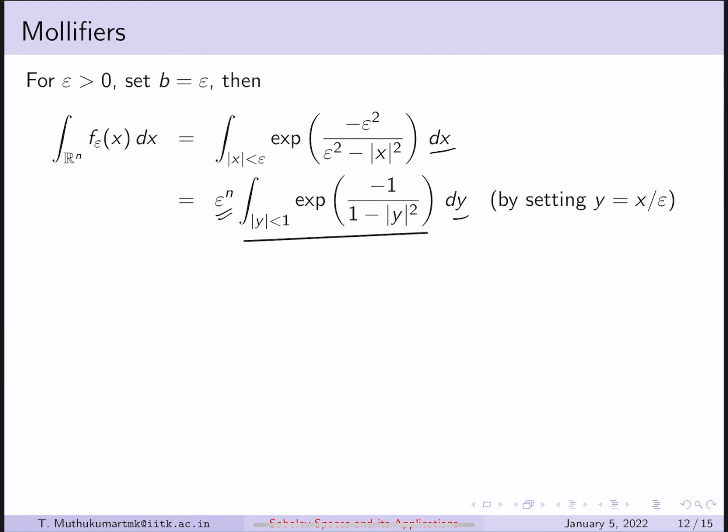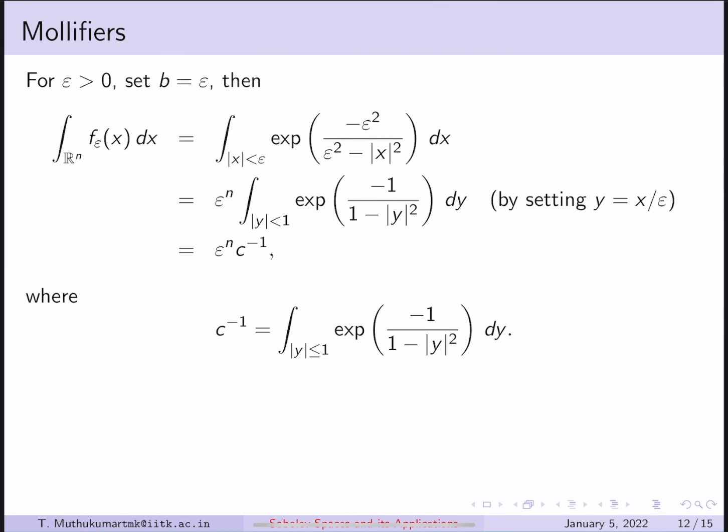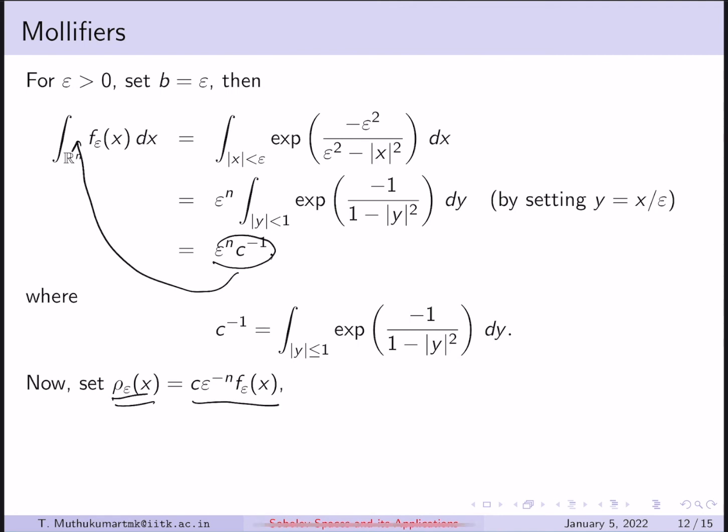You just call it 1 over C. If you define your rho epsilon to be this term, with C over epsilon power n here, then what you have shown is that the integral of rho epsilon is equal to 1.